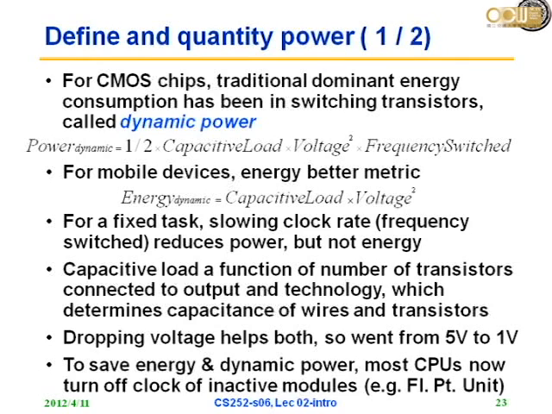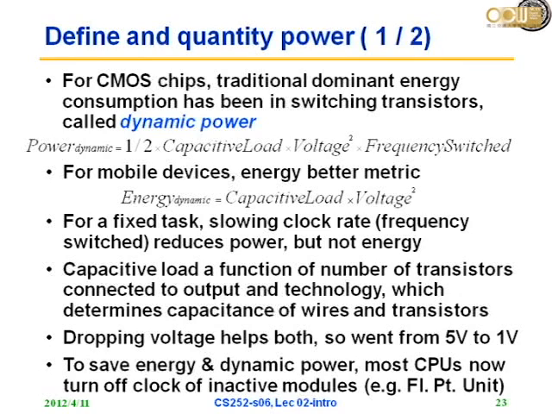By lowering the voltage, it can help to reduce power or energy the most, because this is a quadratic term in the equations. That's why we're reducing the supply voltage from 5 volts to even below 1 volt these days, especially in mobile devices. Okay?